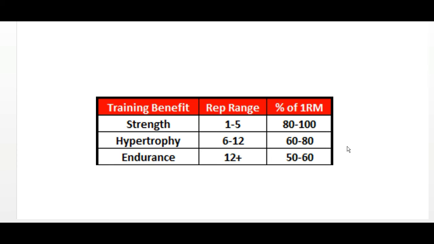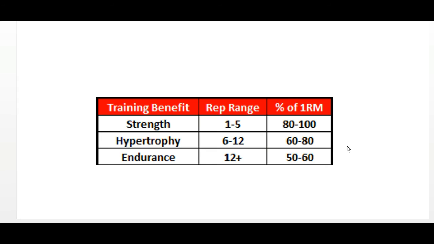But if the aim of the game for you is bodybuilding, hypertrophy, muscle mass, then the ideal rep range, in my opinion, is that 6 to 12 range. Why? Because one, you'll be using a weight which is sufficient enough for you to really hit your slow and your fast twitch muscle fibers.